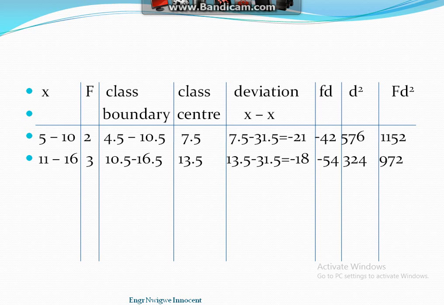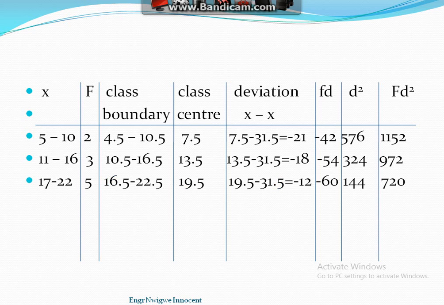When the weight of the pupils is from 17 to 22, the frequency is 5. The class boundary is from 16.5, that is 17 minus half, to 22.5, that is 22 plus half.